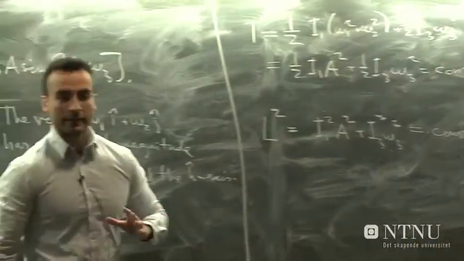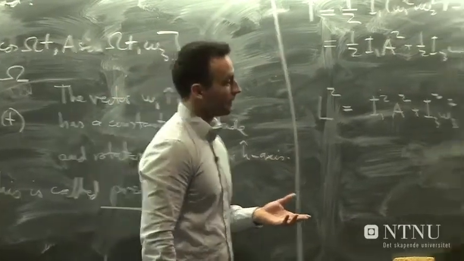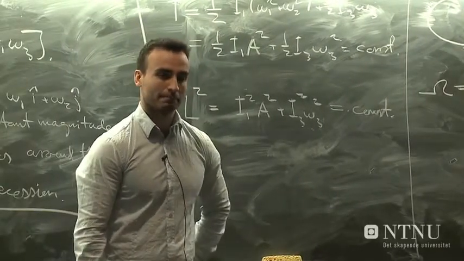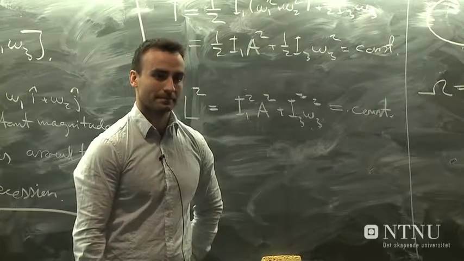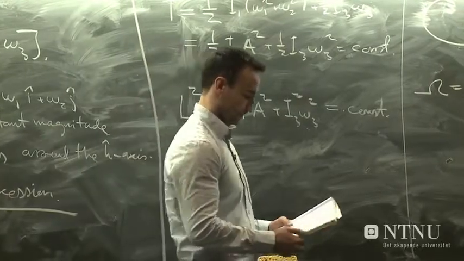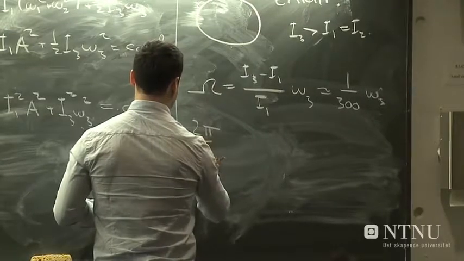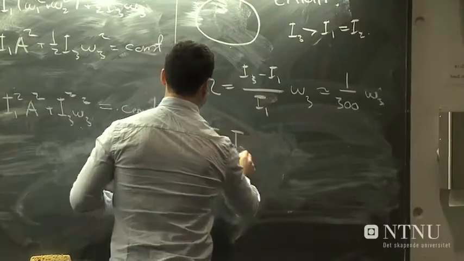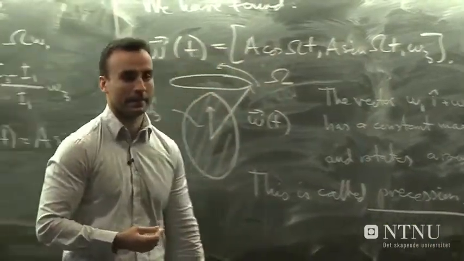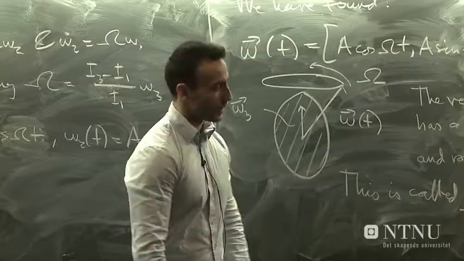And omega 3, in the case where this body is the Earth, has a well-known value to us. What value would you say omega 3 has for Earth? Or if you will, the period associated with omega 3. 1 day.